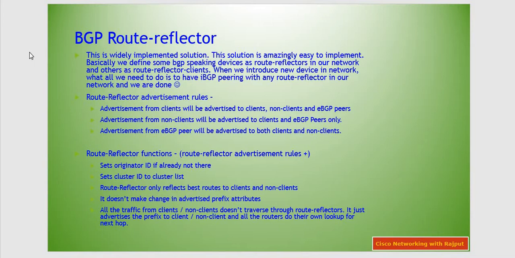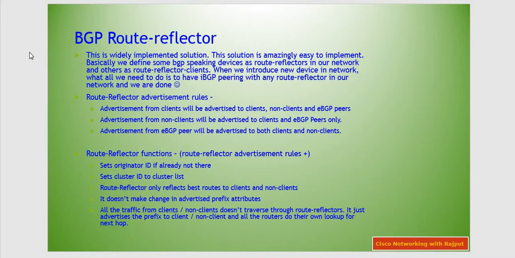The first rule is advertisement from clients will be advertised to clients, non-clients, and eBGP peers. Second, advertisement from non-clients will be advertised to clients and eBGP peers only. Third, advertisement from an eBGP peer will be advertised to both clients and non-clients.